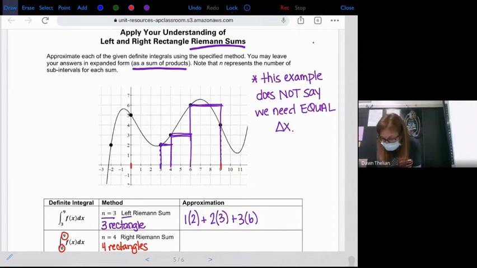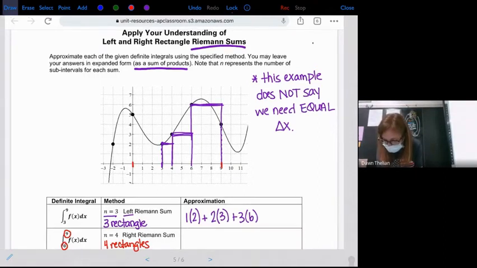So if I look at my first interval here, my first dot on the right is at 3. So I actually want to use that height and make my first rectangle using that dot.